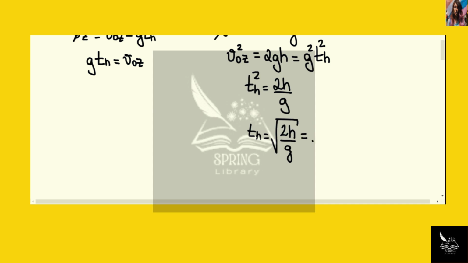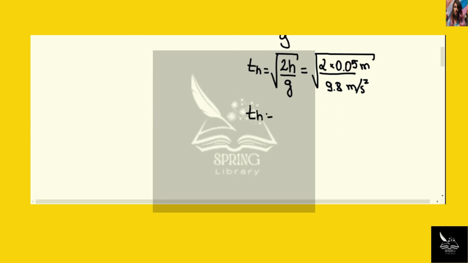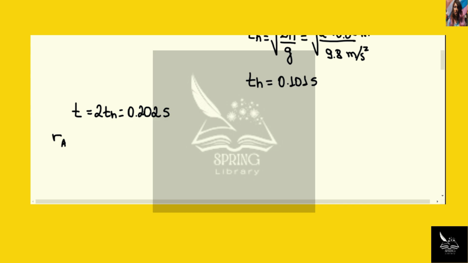So this is the square root of 2 times 0.05 meters, that's 5 centimeters, divided by 9.8 meters per second squared. So th is equal to 0.101 seconds. And for that reason, t, which is 2 th, is equal to 0.202 seconds.